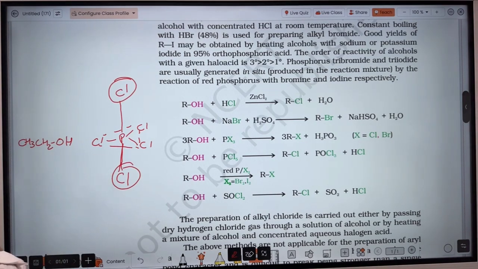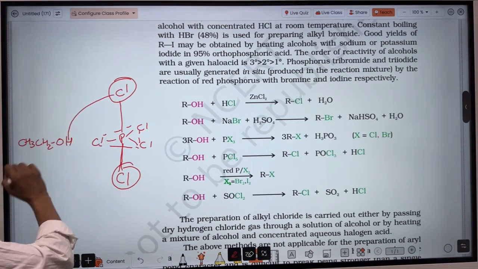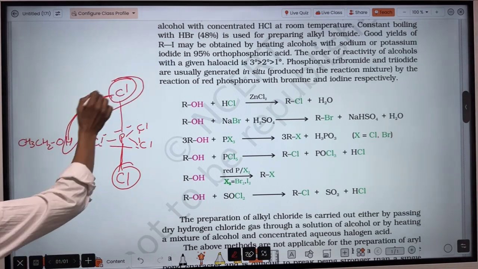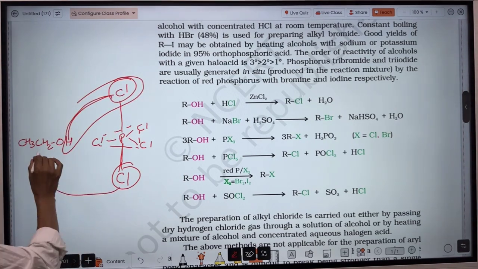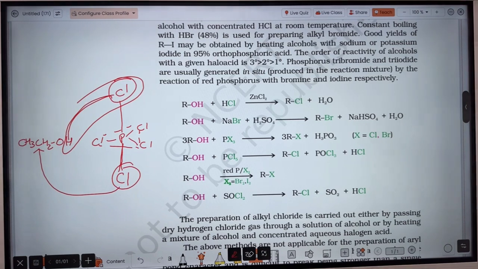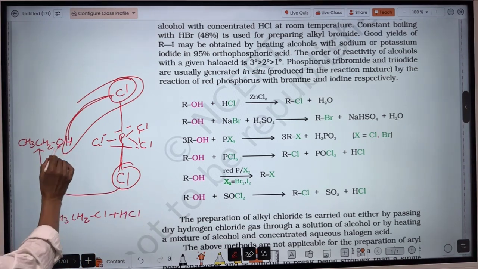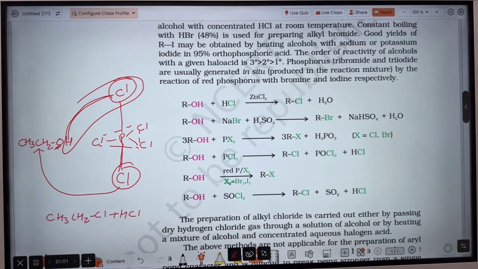So what happened? One chlorine combined with hydrogen to form HCl, and one chlorine will combine to this carbon. So there will be formation of CH3CH2Cl and HCl. The oxygen left from here will combine to this phosphorus.